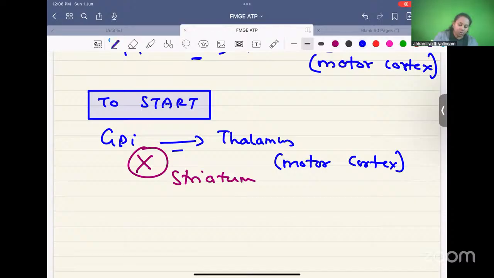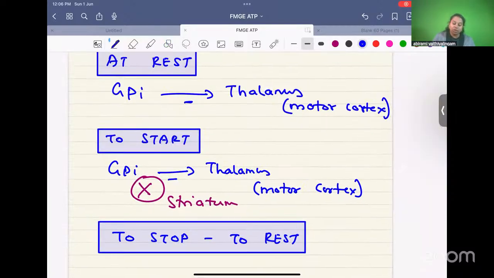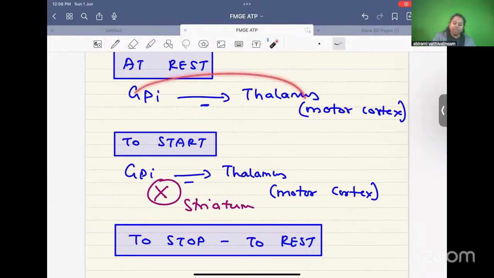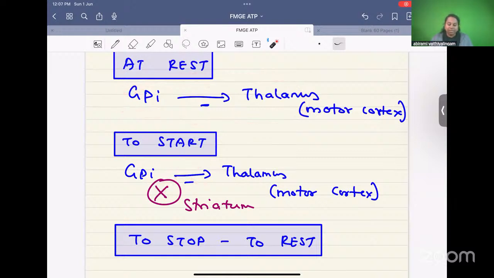Again, you want to stop the movement and come back to rest. Who will keep you at rest? This inhibition only will keep you at rest. But this inhibition was removed by striatum. Now you need somebody to bring this inhibition back.